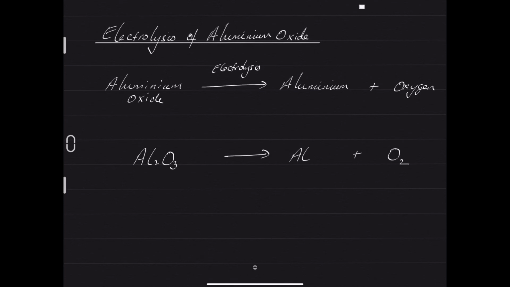If there's anything else that needs to be included for a complete chemical equation, I want you to include it. So just pause the video here and balance and complete this equation.